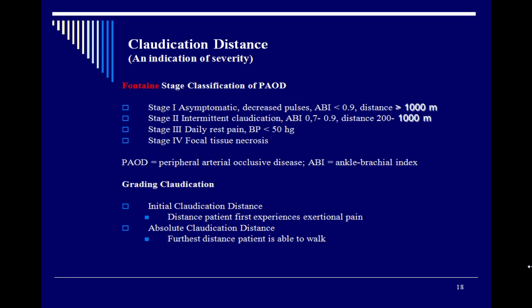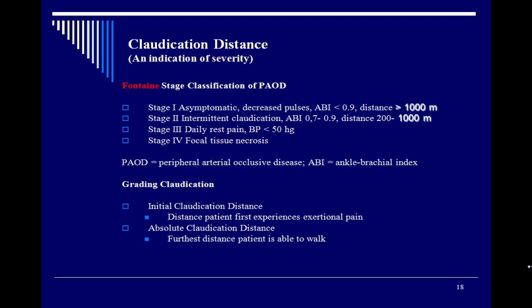Stage classification of PAOD. So what is it? Stage 1 is asymptomatic, with decreased pulse, ABI less than 0.9, distance over 1000 meters. Stage 2, intermittent claudication, ABI 0.7 to 0.9, distance 200 to 1000 meters.